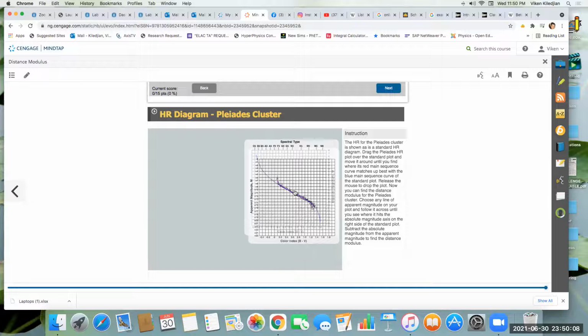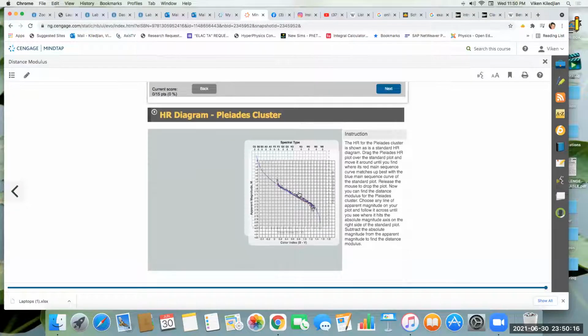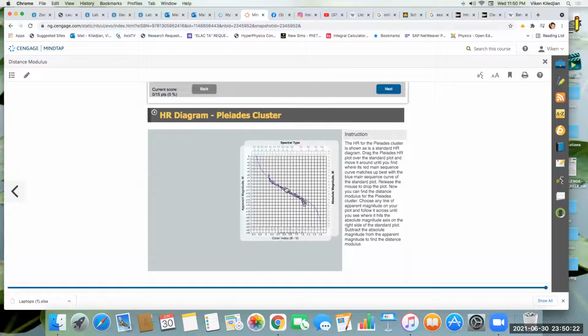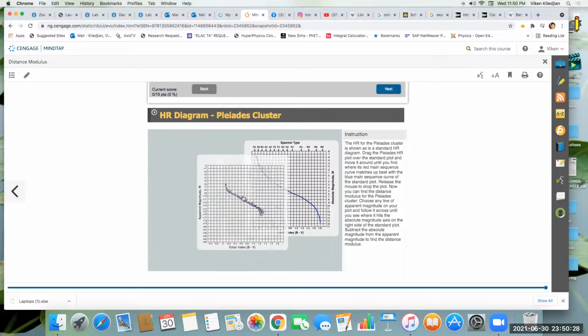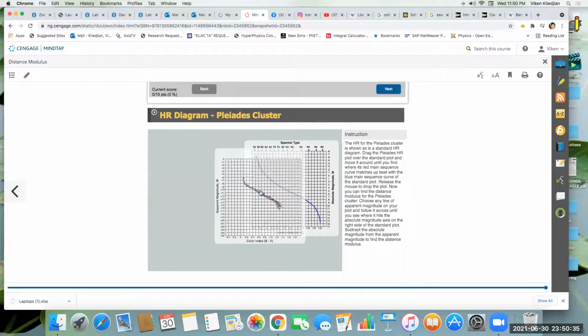Let's see here. Right there. See the bottom one, because the bottom stars of the HR diagram, those are the ones that, let's see here. Oh, there you go. Yeah, right there. I think we should be able to match their color. In other words, I shouldn't go past this or to the left.